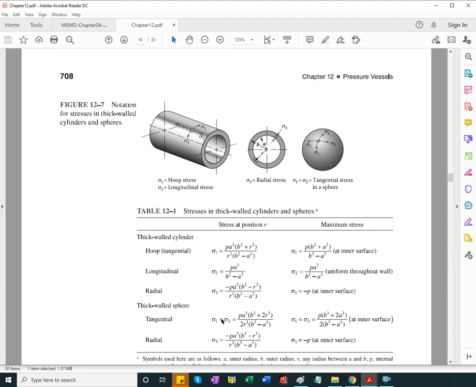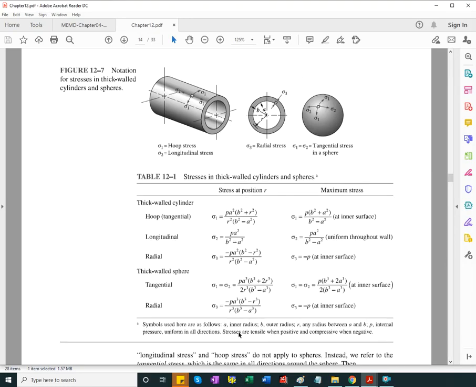Radial stress starts with maximum value to the inside, compressive stress, and equal to the inside pressure, and to the outside we'll just get to 0. So if we have R equals B, this becomes 0. Okay. Usually we care about the stresses to the inside, and we care about stresses to the outside.